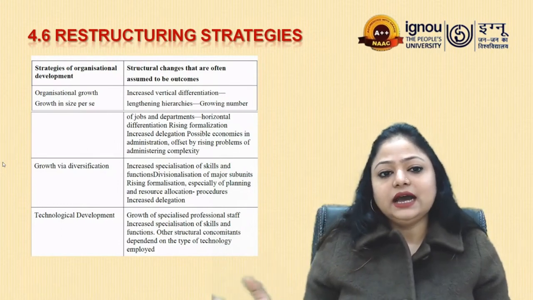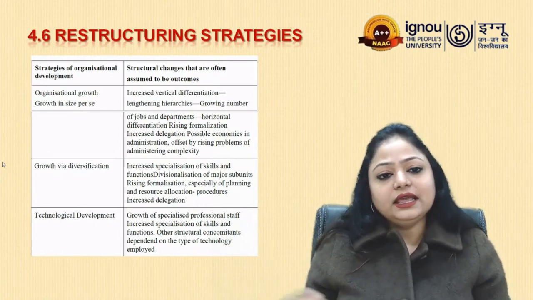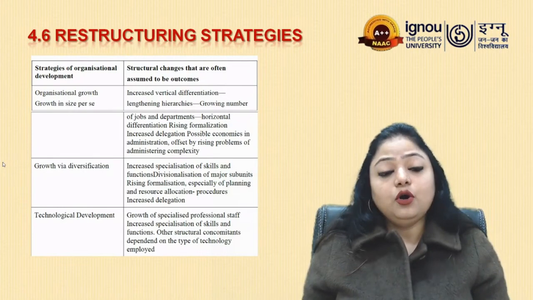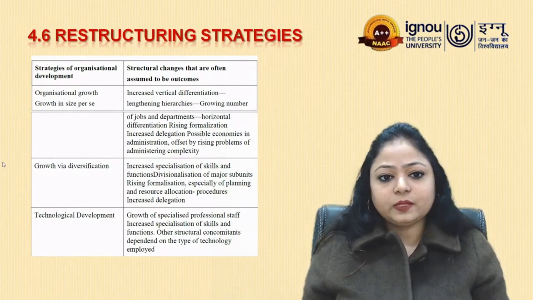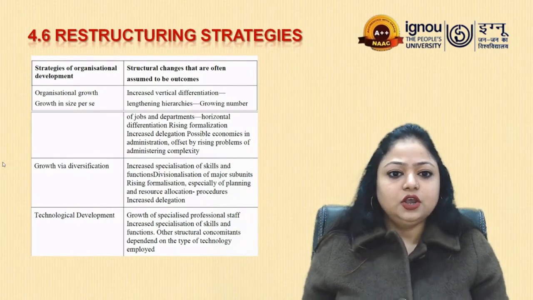It will be done with the outcome, which is increased differentiation, lengthening the hierarchies, growing the number of employees or the jobs and the departments. Then horizontal diversification and rising formalization, increased delegation, possible economies of scale. Okay.